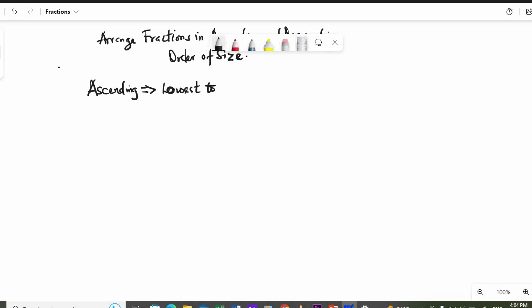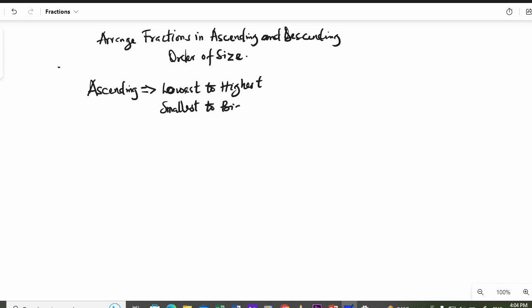And lowest to the highest, or smallest to the biggest, and descending is what?